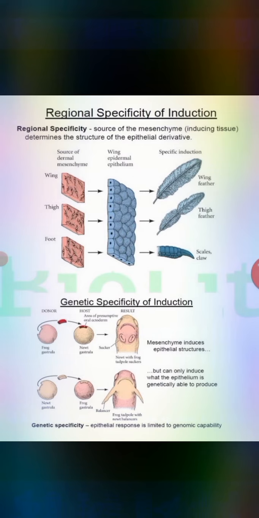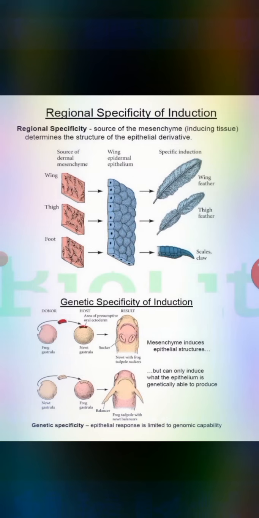The condensed dermal mesenchyme is capable of producing certain factors. These factors are sent back to the epidermis for the structural development of cutaneous structures.